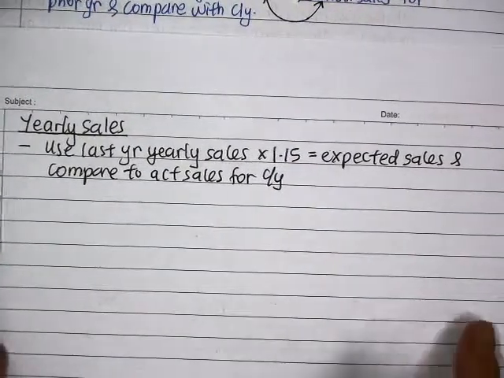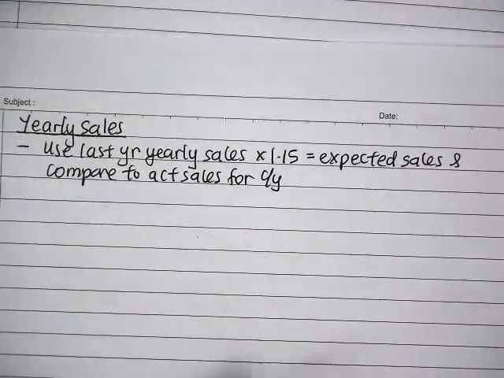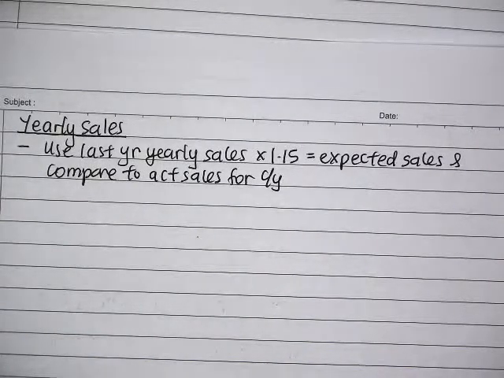Because if we think every year sales will grow by 15%, I just take last year's sales, inflate by 15%, and it should be more or less the same, right?